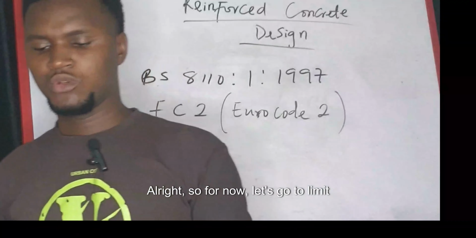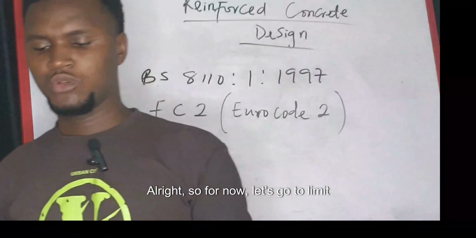Under the worst loading, the structure is safe. Number two, during normal working conditions, the deformation of the members does not detract from the appearance, durability, or performance of the structure.